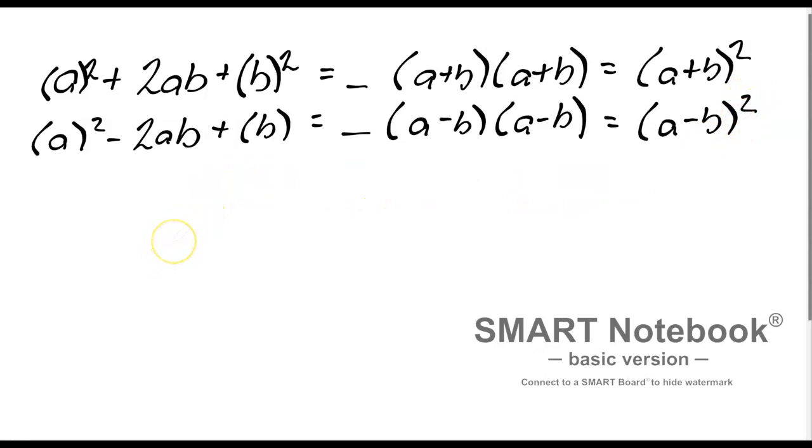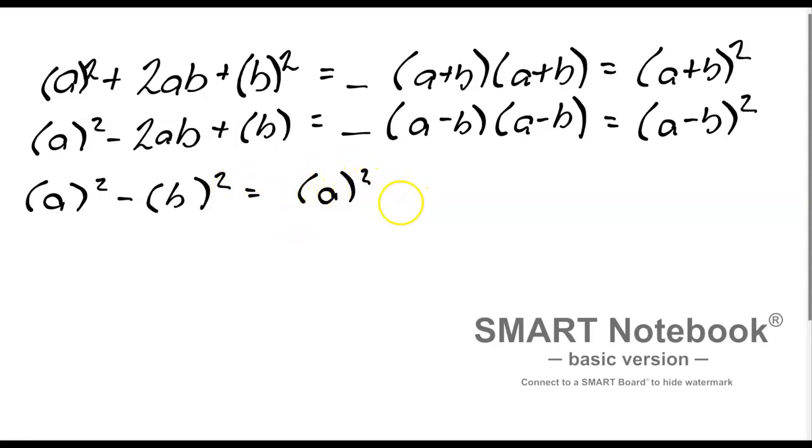And finally, you'll be given something like this, where there is no middle term. So what you guys immediately want to do with these is put a middle term.